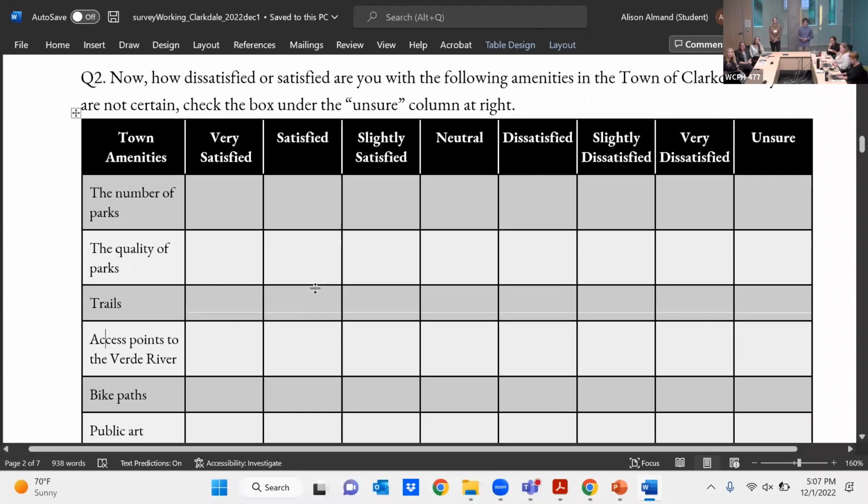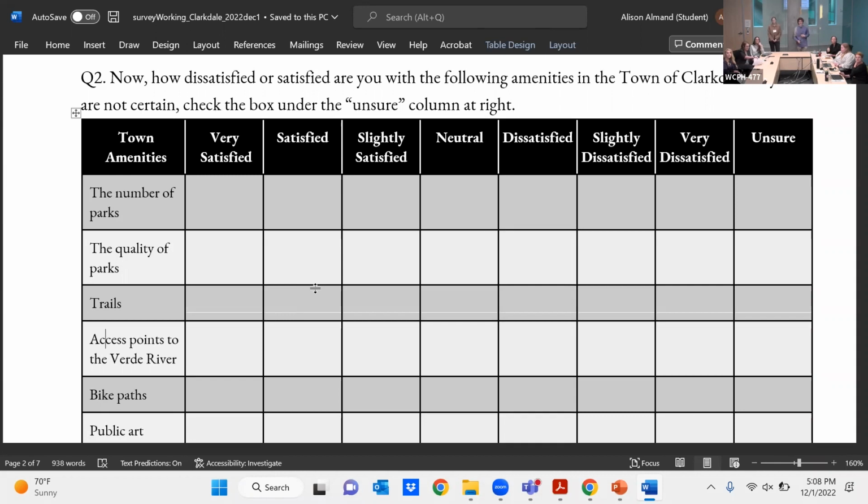Question 2 is the first table question that has many different questions inside of it. The question states, how dissatisfied or satisfied are you with the amenities? As Janelle mentioned, we have tables for amenities, events, and services.